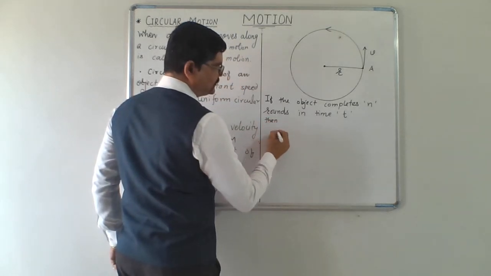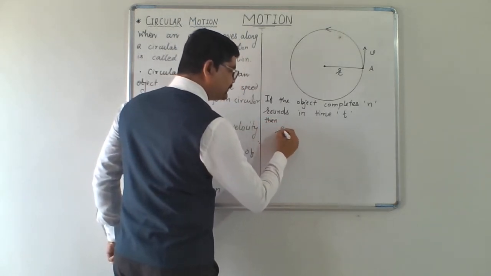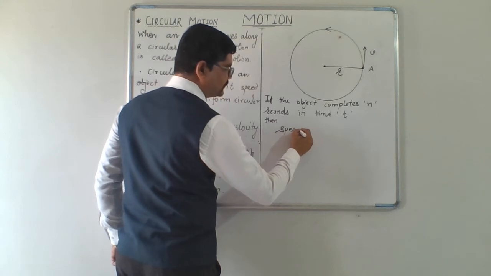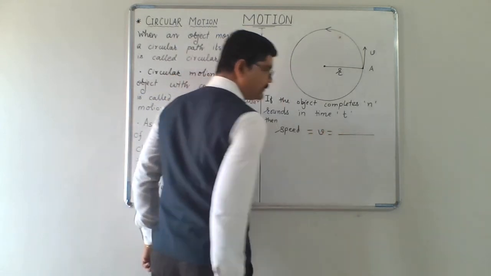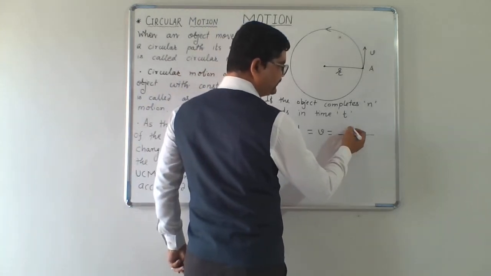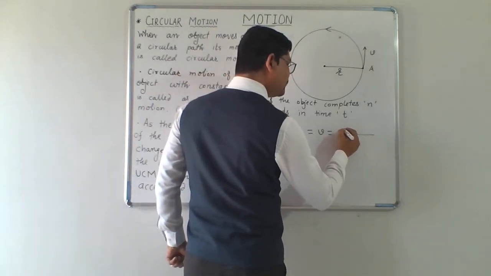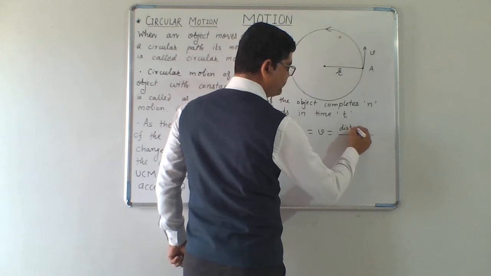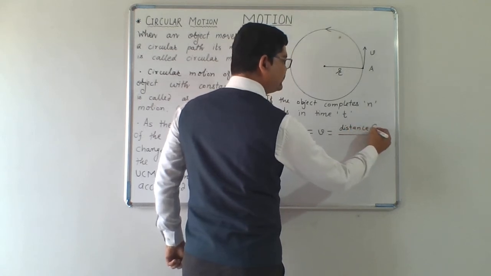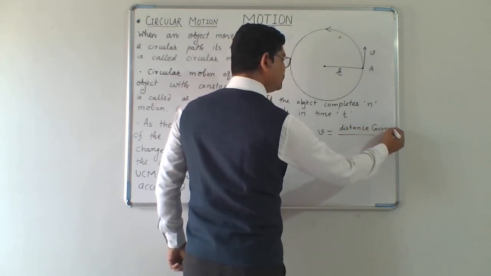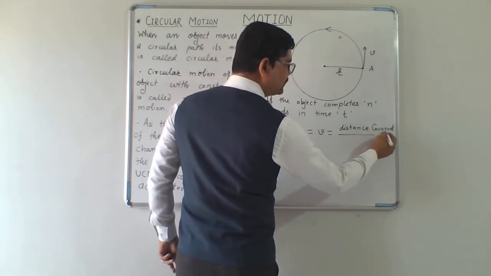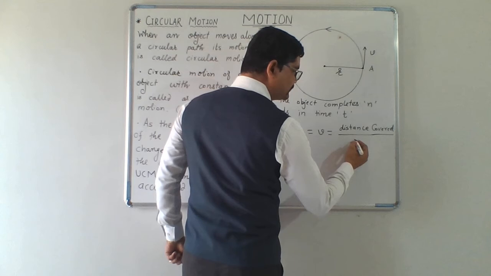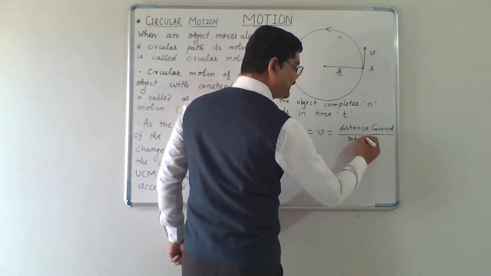then speed is given by distance covered in n number of rounds divided by total time.